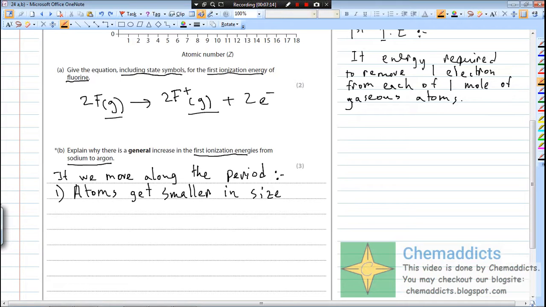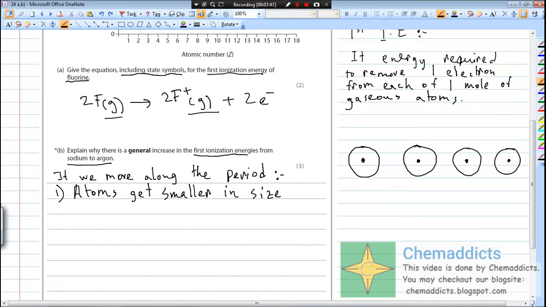Let's see how. If we move along the period, the number of electrons and the size of the nucleus increase.